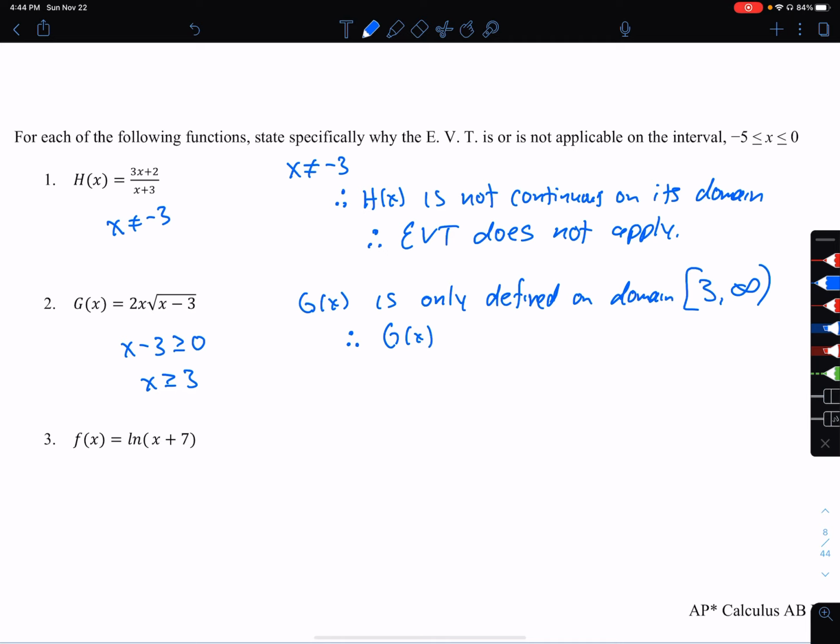Therefore, g of x is not continuous on -5 to 0. Therefore, the extreme value theorem does not apply.